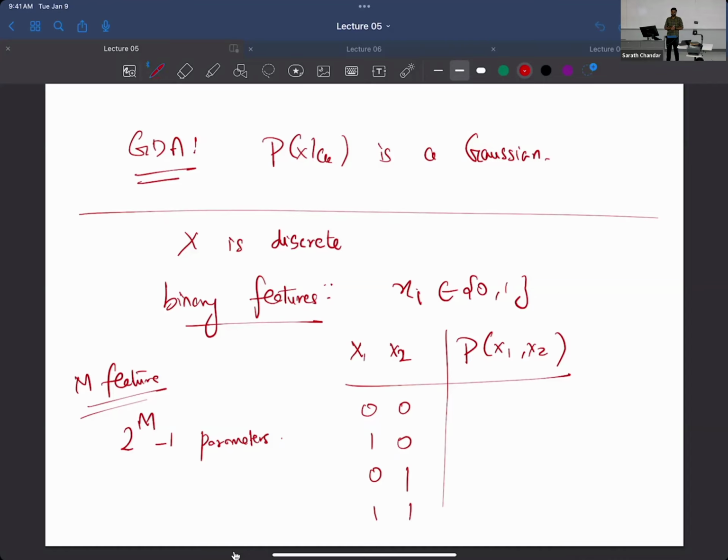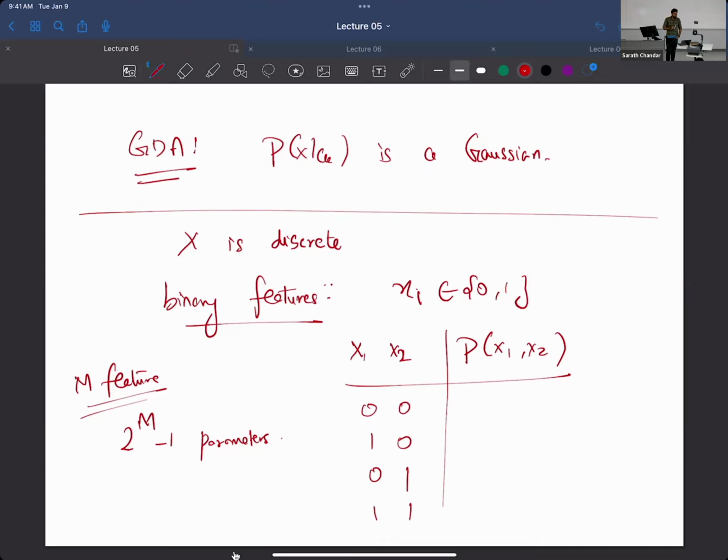Anyone? Yeah. For GDA it is linear and for QDA it is not. Yeah, so GDA has linear decision boundary and QDA doesn't. Because you don't share the covariance matrix, you'll have some x squared terms coming up, and that will lead to a quadratic decision boundary.